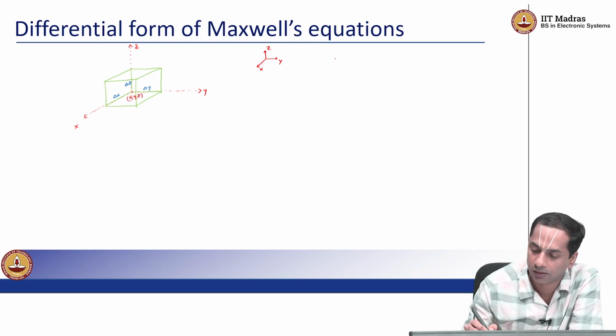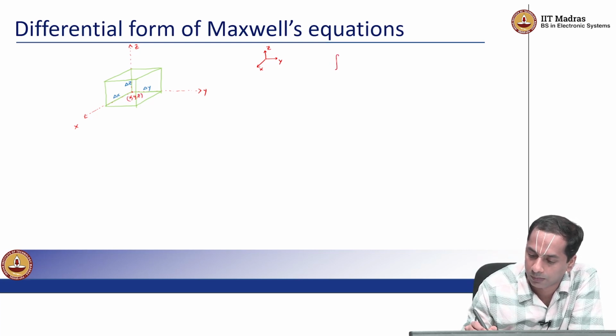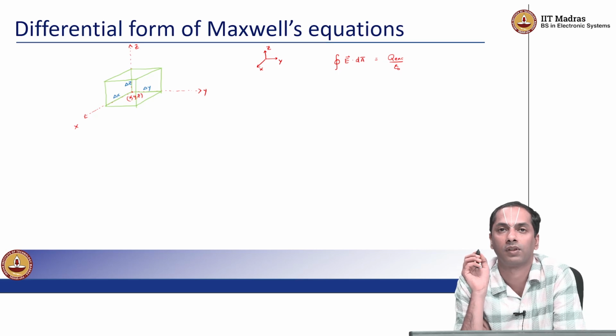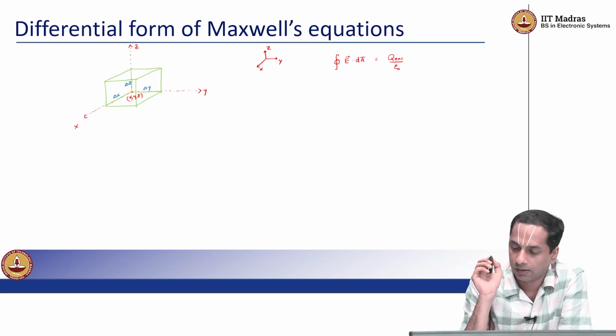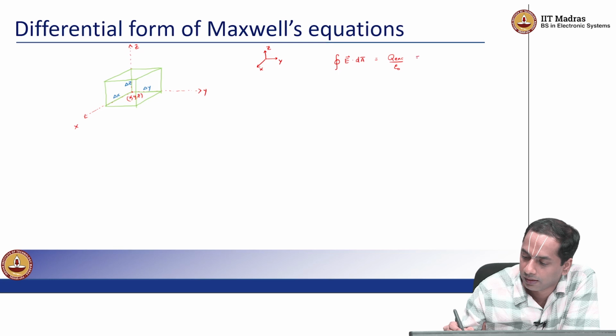So if you remember the integral form, the closed loop surface integral E dot dA was written as q enclosed by epsilon naught, for free space. So we are going to write this as a volume integral of rho times dV.